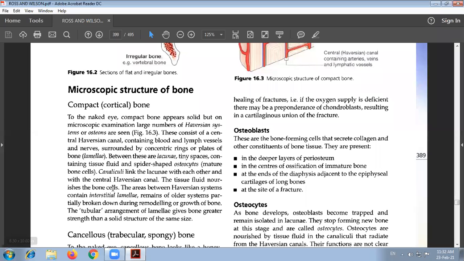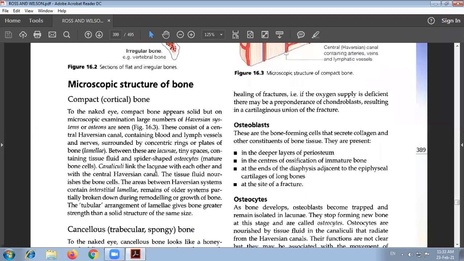This gives the arrangement called the tubular arrangement of lamellae, and it gives the bone greater strength than a solid structure of the same size. So due to this rectangular arrangement of lamellae in the Haversian system, the bone will not break easily compared to a structure of the same size.